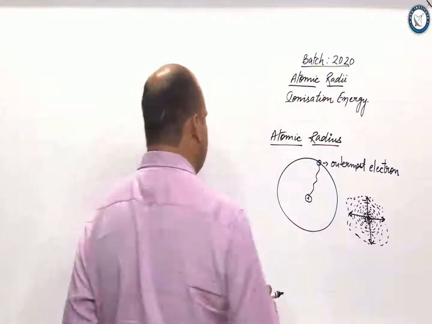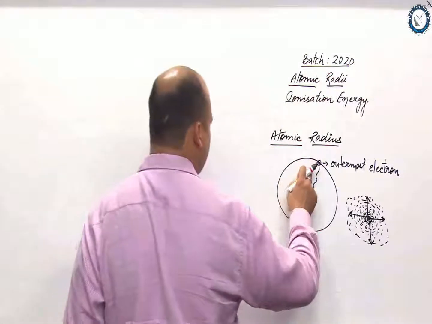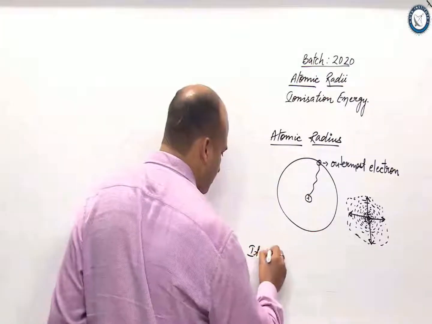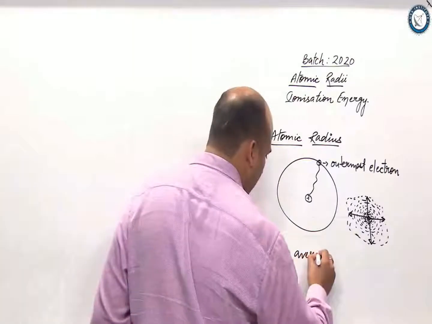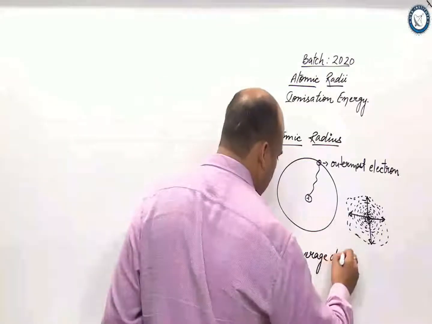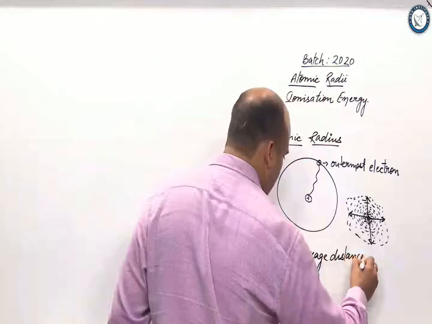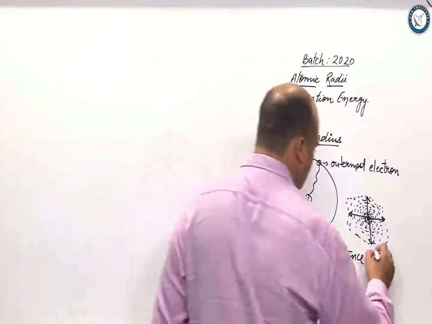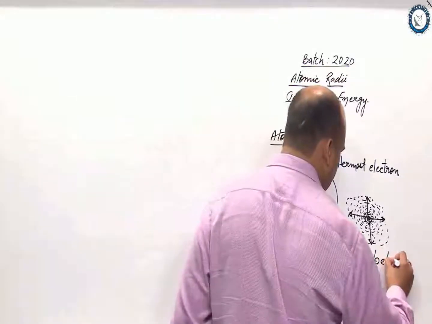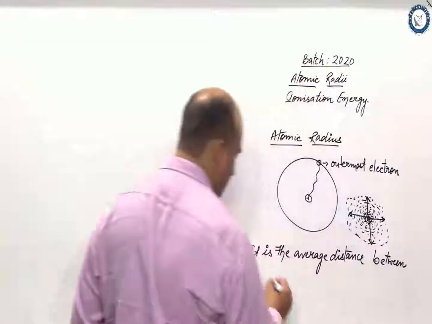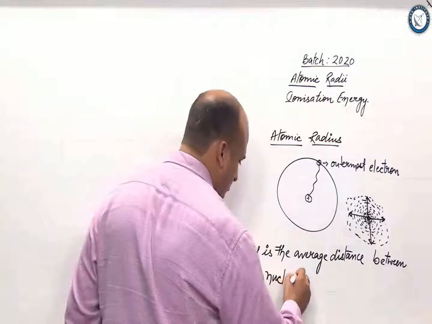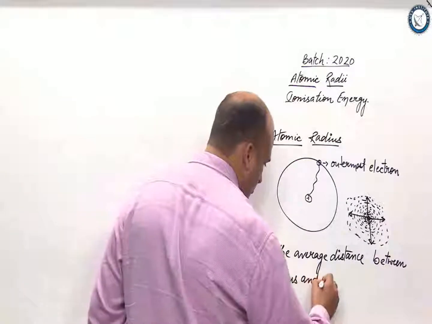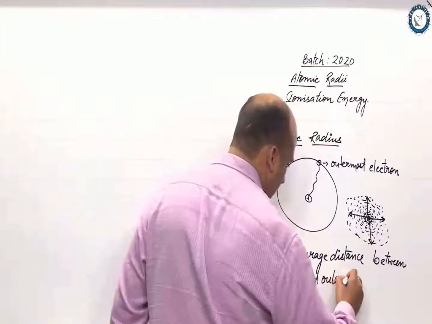What I have said, the distance between the nucleus and the outermost electron, it is the average distance between the nucleus and outermost electron.